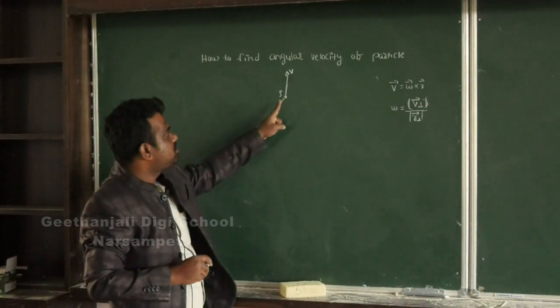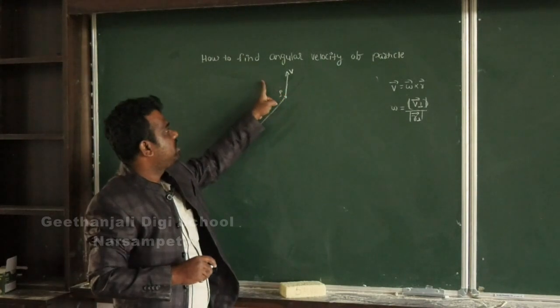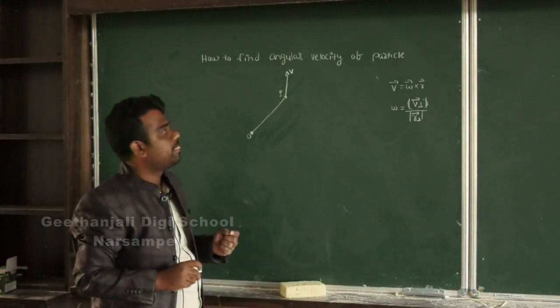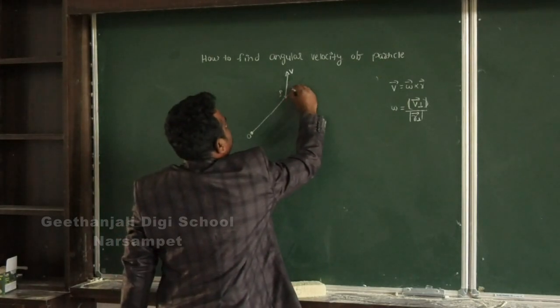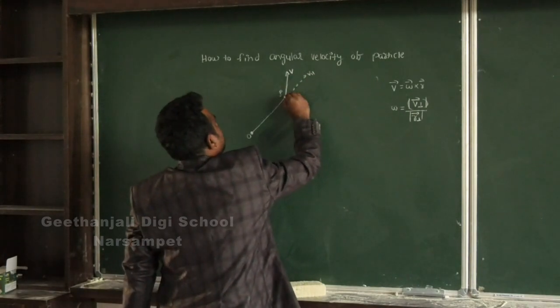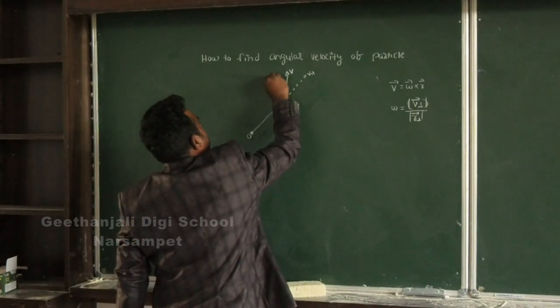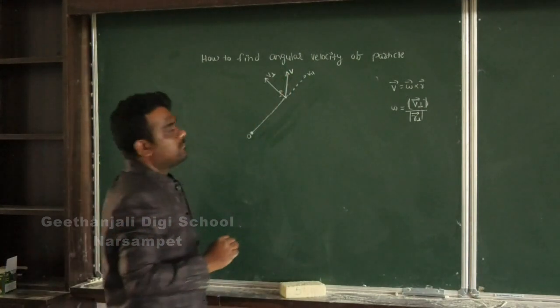One component is parallel to the position vector, the other component is perpendicular to the position vector. So this is V parallel, and this is V perpendicular, right?